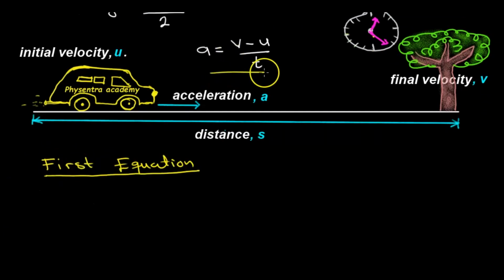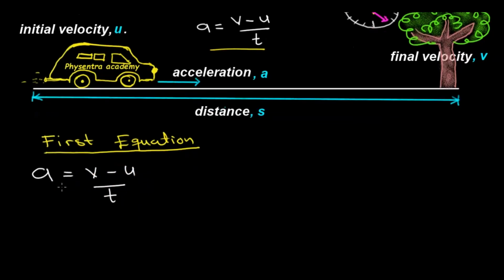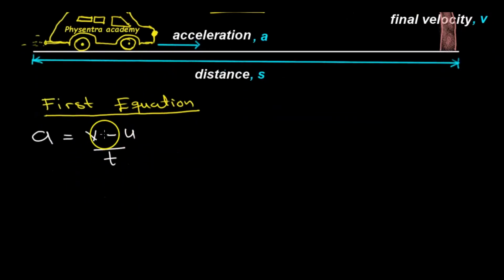We have seen from here that acceleration is equal to change in velocity divided by time. All we need to do here is to make our final velocity the subject in order to get the first equation. So I multiply both sides by t and I get at equal to v minus u.